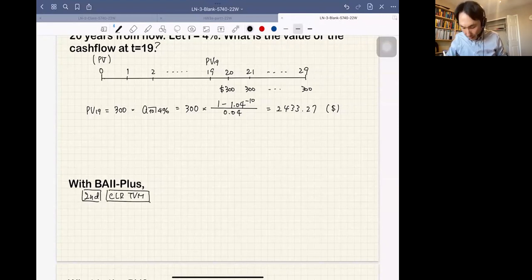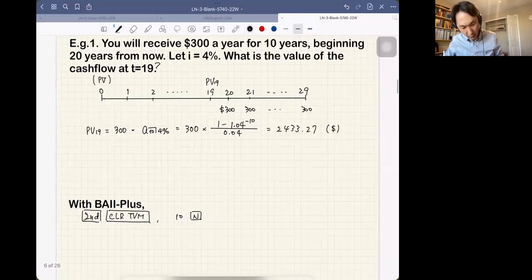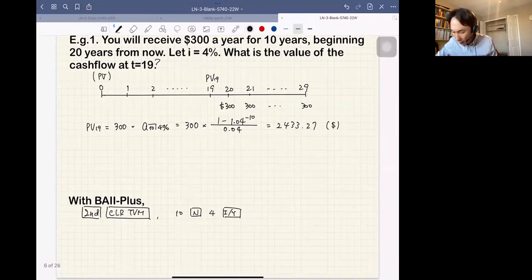Then after that, we enter these numbers. At first n. Actually, the order does not matter, but the 10 n. So you put 1, 0, then n. N is in the third row. And the interest rate is 4%, so you put 4 then I/Y. Don't put 0.04, we have to put 4. Then 300 as payment.